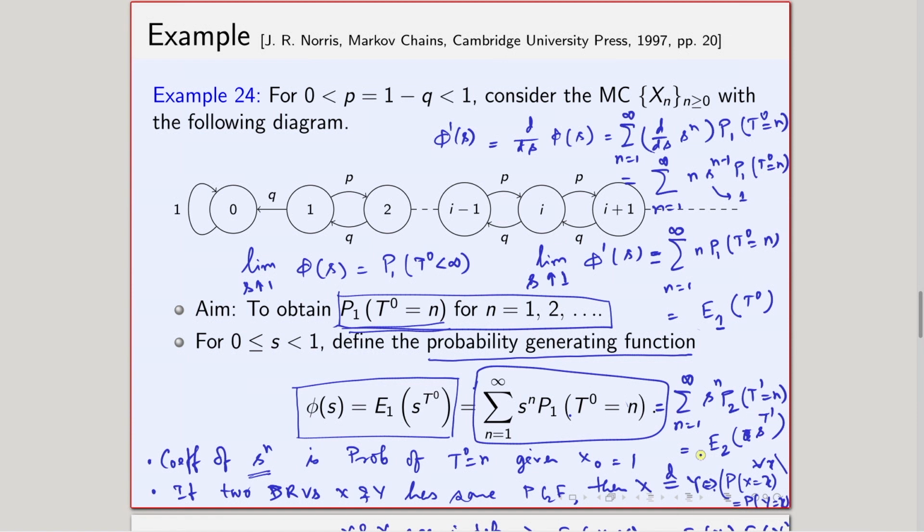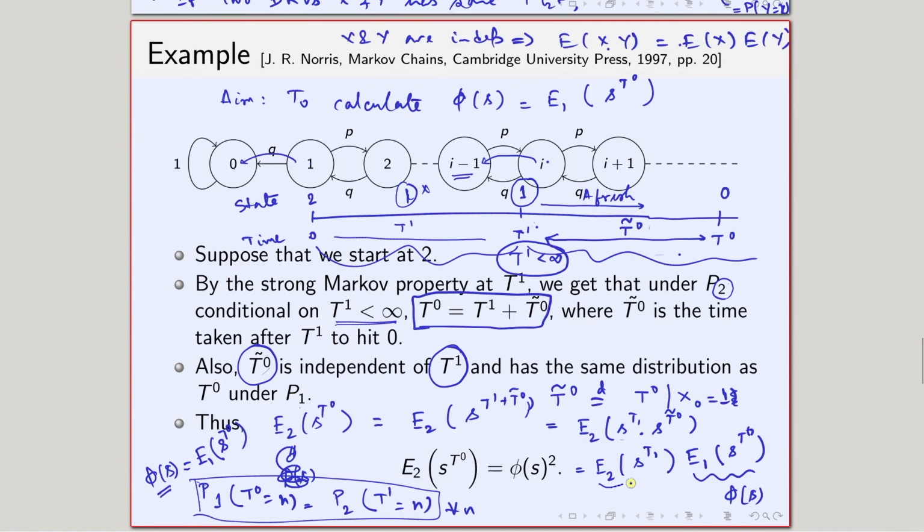Starting from 2, the expectation of s to the power t1 is also phi s, and you see that we got exactly the same thing here. So this quantity is also phi s, and this one is the same as this thing.